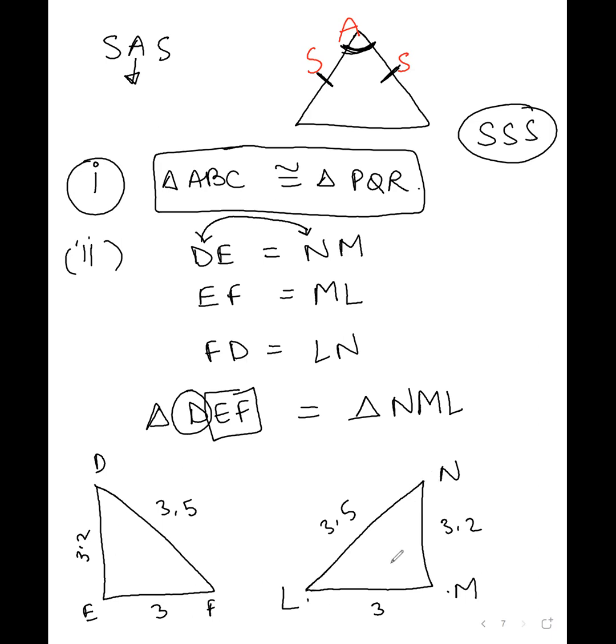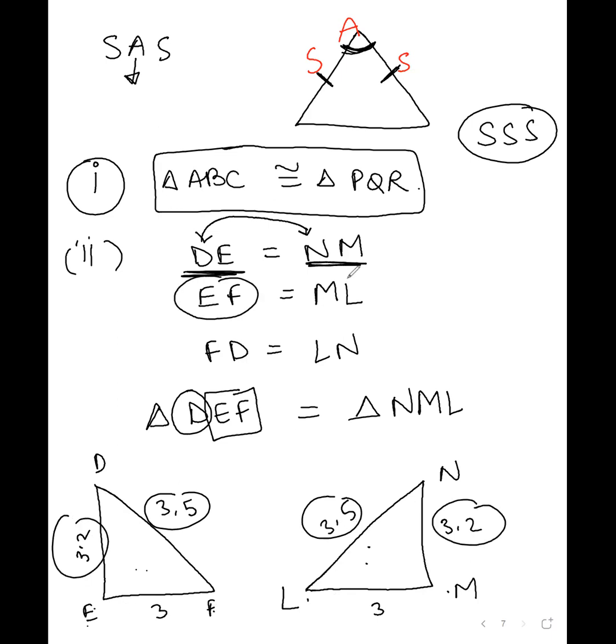Yes? Yes. This and this, they both are congruent. See, understood. 3.5, 3.5. This one, DE is equal to NM. Over here also we wrote DE is equal to NM. 3.2, 3.2. EF is equal to what? ML. ML. 3 is equal to 3. Are you understanding this now?